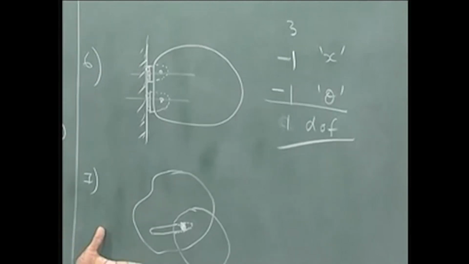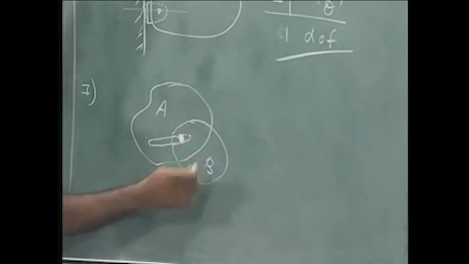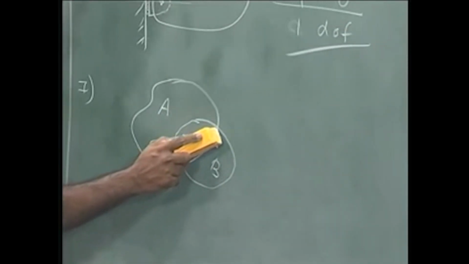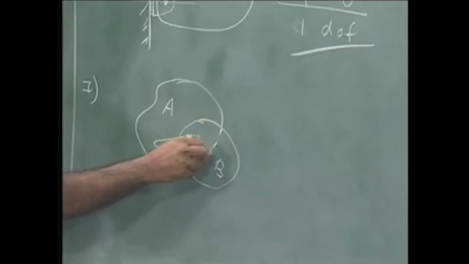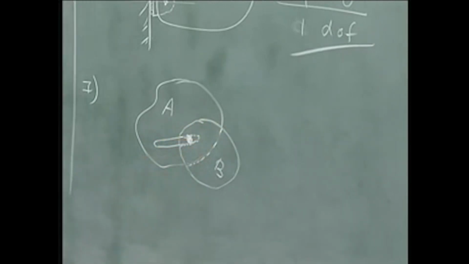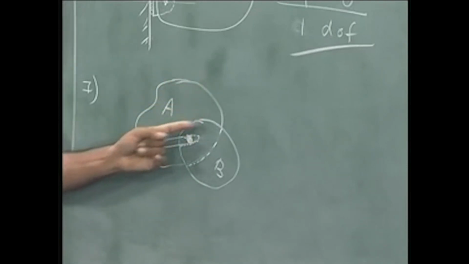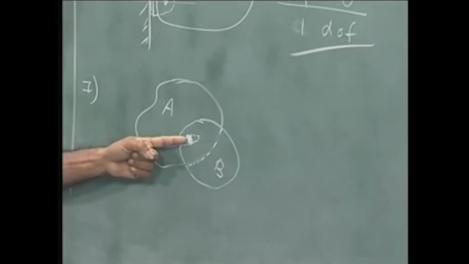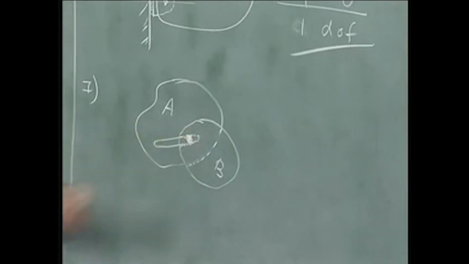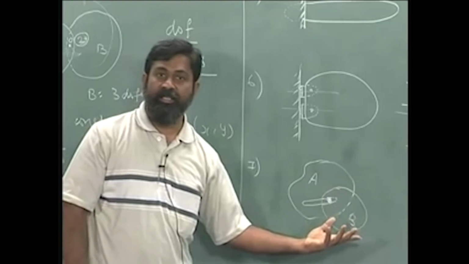One last example here. This is a system of bodies A and B. Mind you, there is a slot on this body A, and the two are connected through a small pin that can slide along the slot. And I ask the question, how many degrees of freedom can it have?